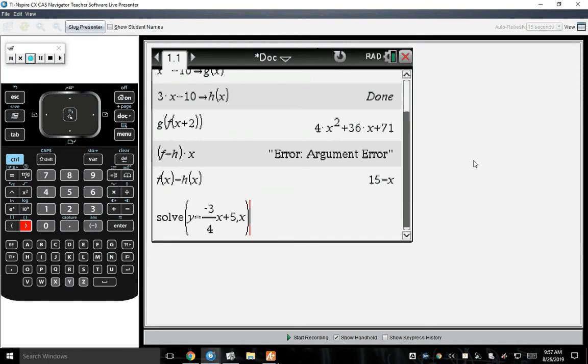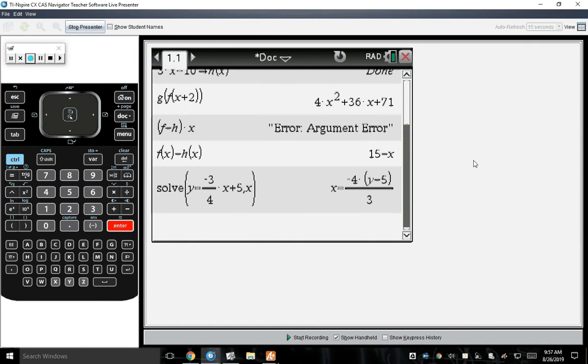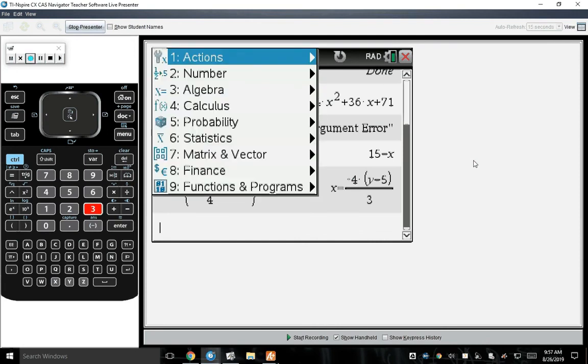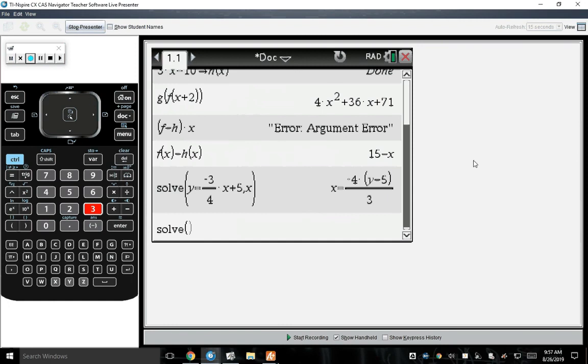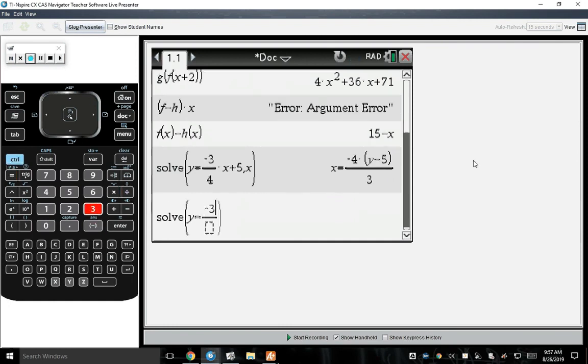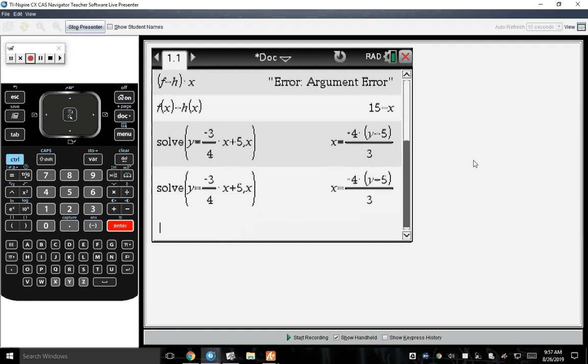So, if I solve for x now, it will get it all by itself. This is your inverse function. How did you get the solve? The solve is menu 3, 1. Then y equals control divide, negative 3/4x plus 5, and solve for the x as it sits right now, because that will show you the inverse function. All right, nice job, guys.